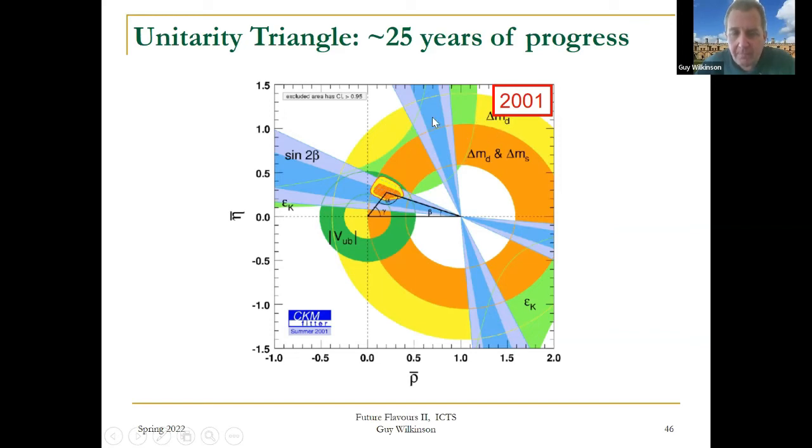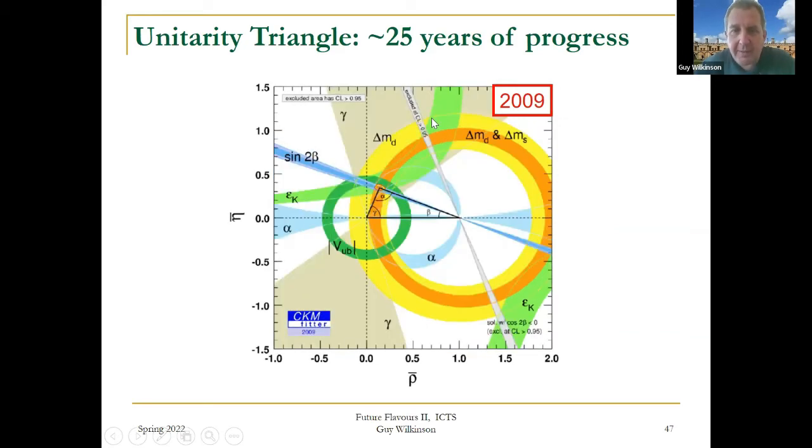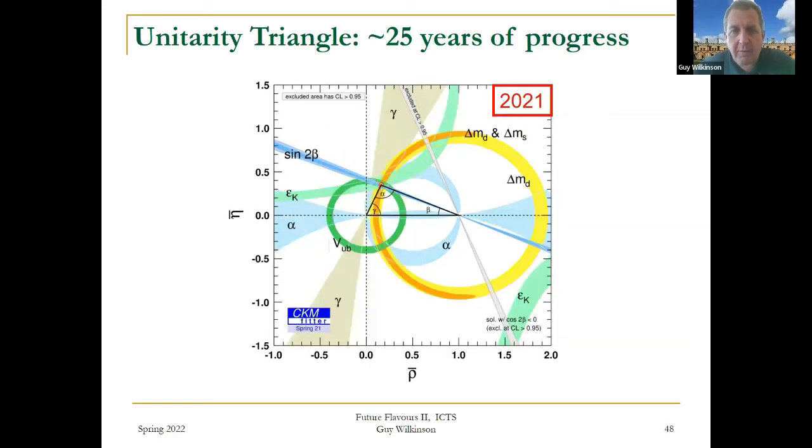Look how, when we compare this with 2009, essentially at the end of the B factory running, things are much, much better. And then from last year, with the inputs from LHCb, particularly in terms of gamma, but also the improved understanding of this side from the B0 and Bs mixing and lattice QCD, and the contribution to the sine 2 beta measurement, we have really come a long way.